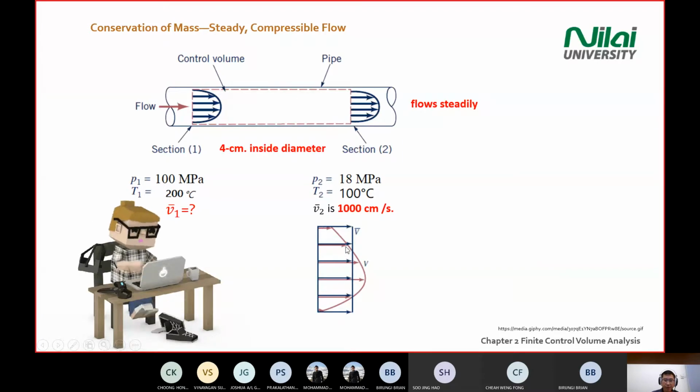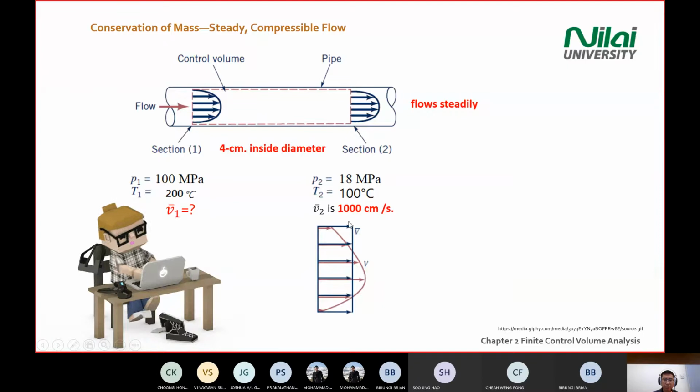The red color means the velocity profile is not uniform. The red color is a parabolic shape. It means the profile of the red arrow is non-uniform. And then the navy blue color means this is a uniform velocity.